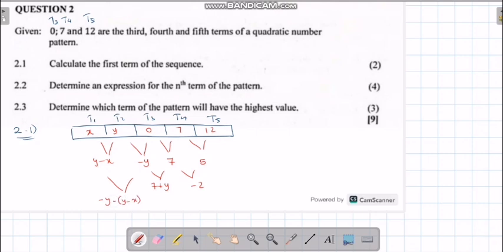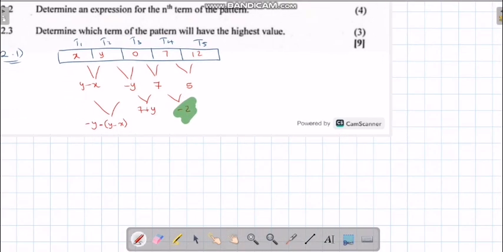So in this case, we're looking for x. Okay, so I'll show you in 2 ways. So we already know that our second difference must be what? Negative 2. Okay, so now it means that this 7 plus y must also be equal to what? Negative 2. Therefore y must be what? Negative 9. Okay, that's nice. That's the first one.